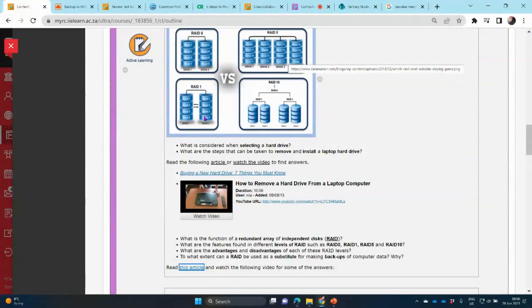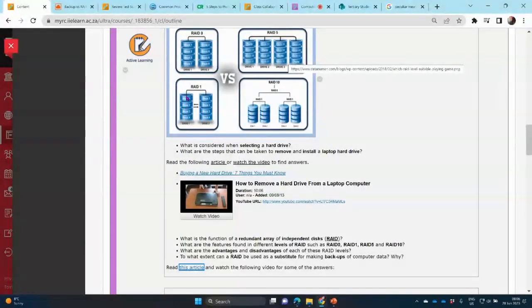Disk duplex or a disk mirror means whatever is written to this hard drive is also written to this hard drive. It's like having a real-time copy of one of the hard drives. The disadvantage is that you can't write anything else on this hard drive because it's filled up with information from this hard drive. So that's a disk duplex.